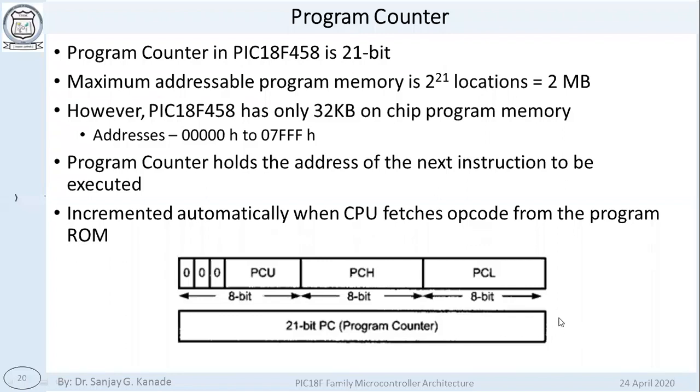Now you may ask: we are talking about a 21-bit PC, it is a separate register, then why are these 3 separate registers available again? These are to manipulate the program counter.